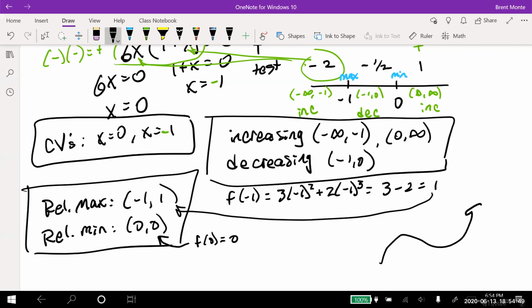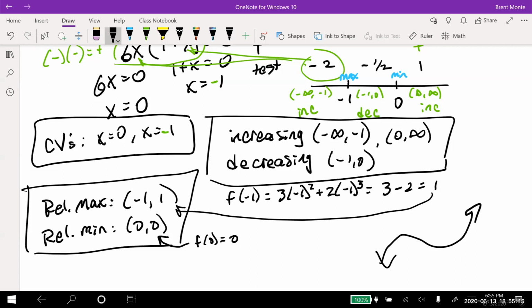That makes sense because we knew the graph looked like this. It had a max, had a min, and we found out what they were. So we could graph from there because we know it's going up, then it hits a max, and we know where it hits the max, and then it goes down, hits a min at 0, 0, and then goes up again. So we could draw that real quickly. They may have you graph on the homework.